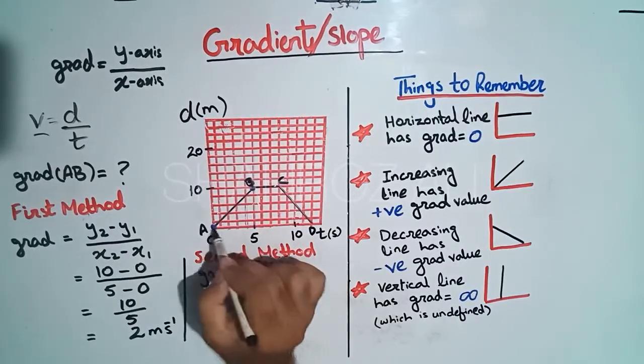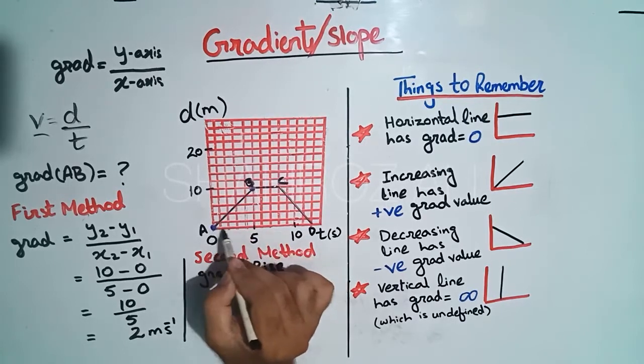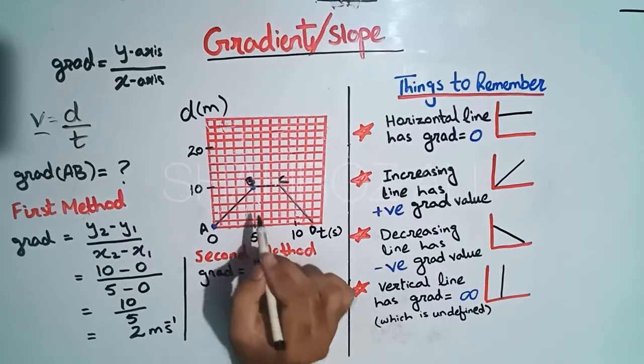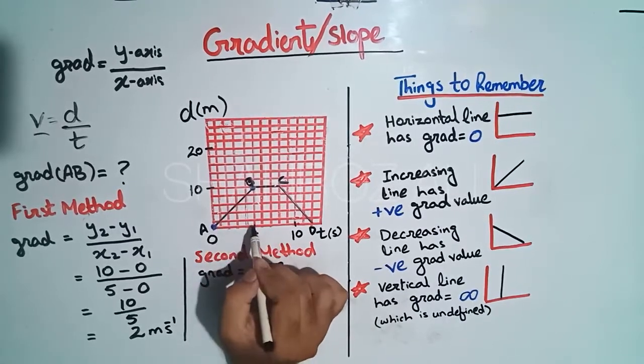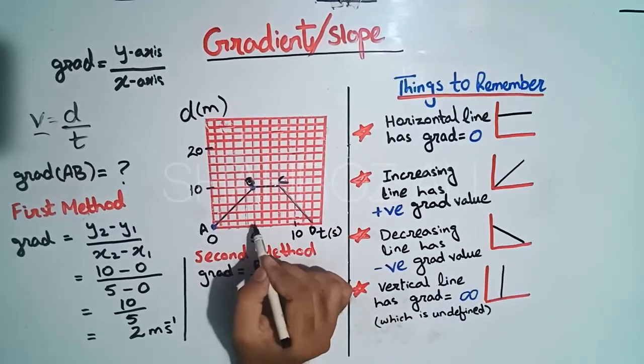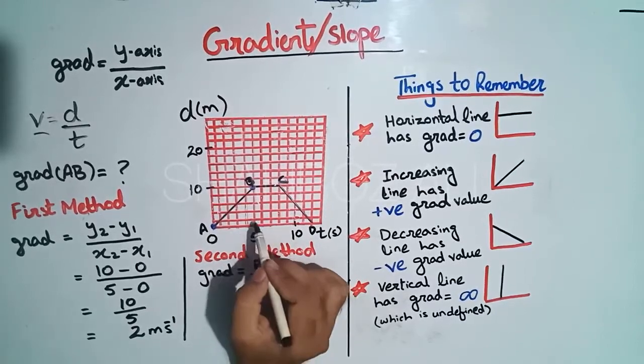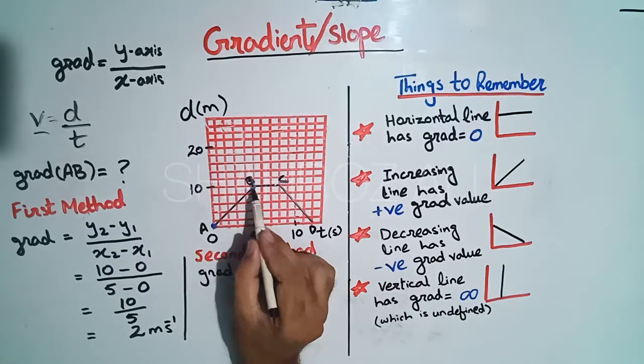In your triangle, taking the rise from point A to B, you see how many lines you go upward: 1, 2, 3, 4, 5 lines.